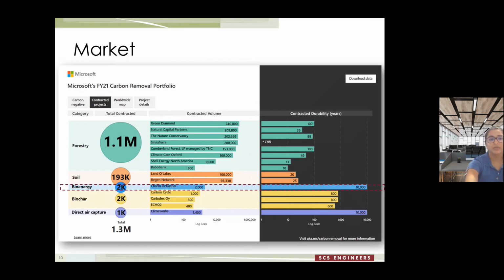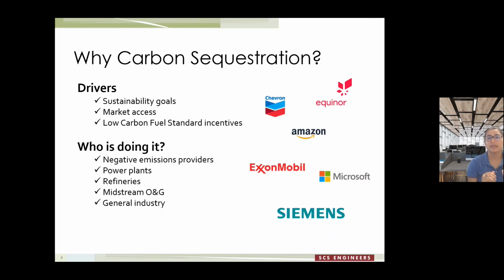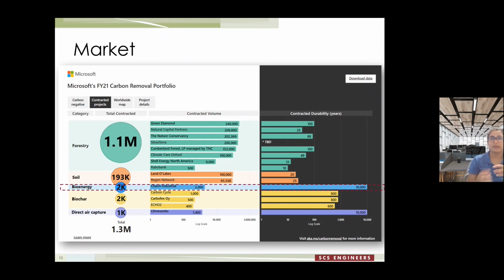Another thing that I want to mention here is that there is something called voluntary carbon credits, in which a company buys and sells credits. They are called verified emission reduction credits, where a company invests in the carbon sequestration technology, and they can show that they are carbon negative or carbon neutral.